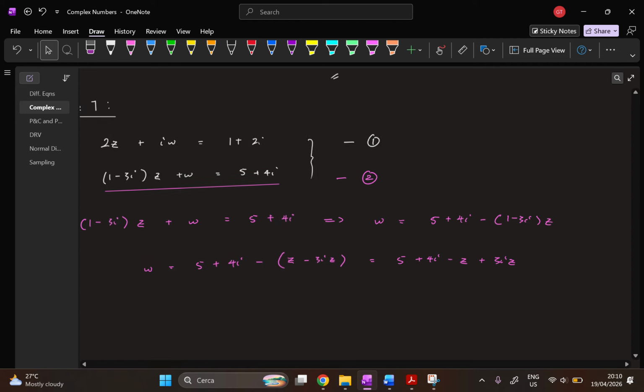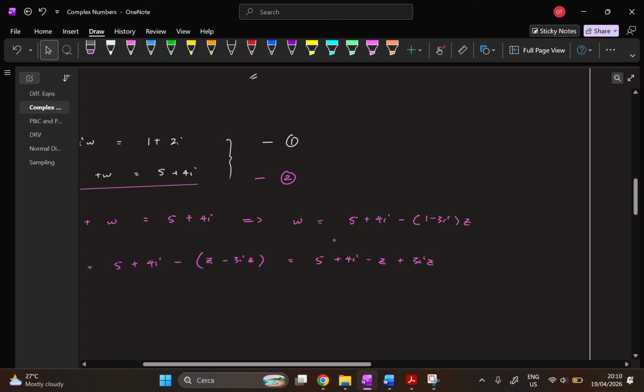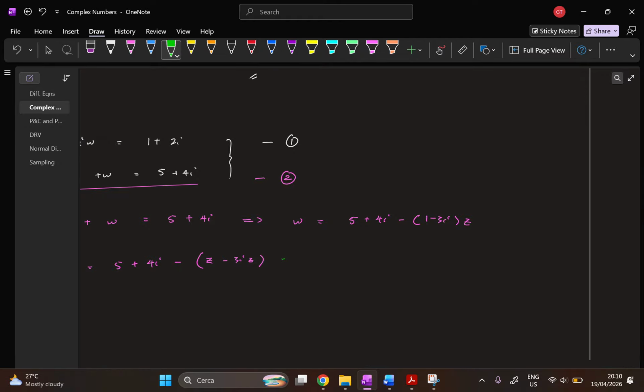this. So let this be, actually I'm going to use a different color. Let this be equation 3. Okay, so let this be equation 3.